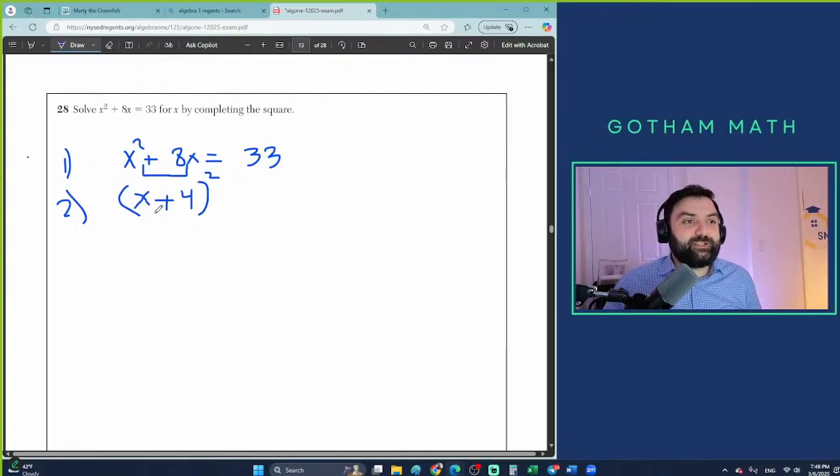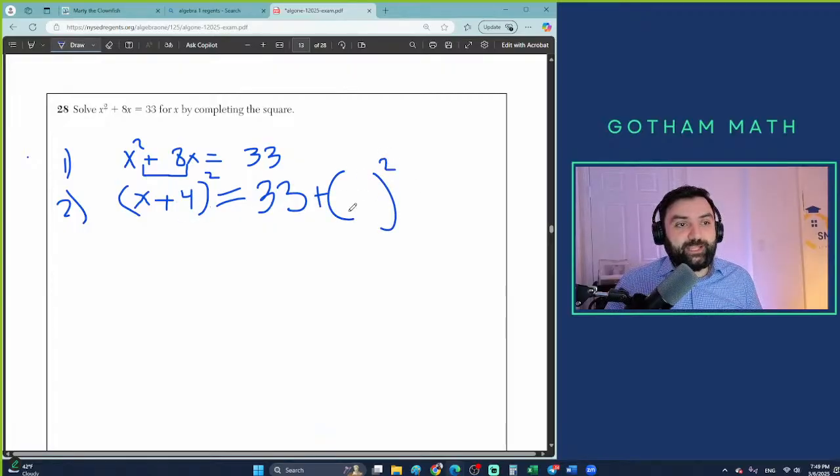So you skip the hardest part and go right into the easiest part. The only thing you must remember is that you're going to have to add the square of that number to the right side too.